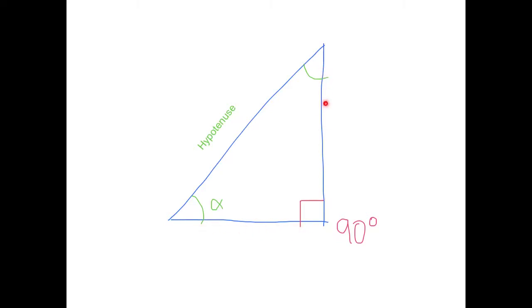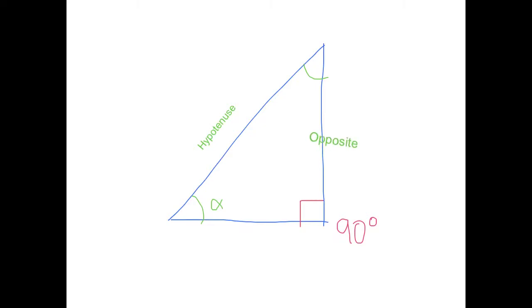Well, what we can do is write this side in terms of angle alpha. So, what can we say about this side? Well, it's opposite to angle alpha. You see how this side doesn't make up the angle alpha, as opposed to these two sides right here. So we will name it the opposite.